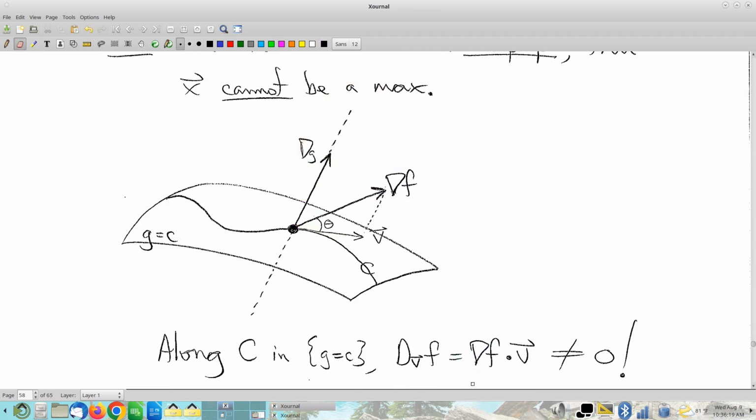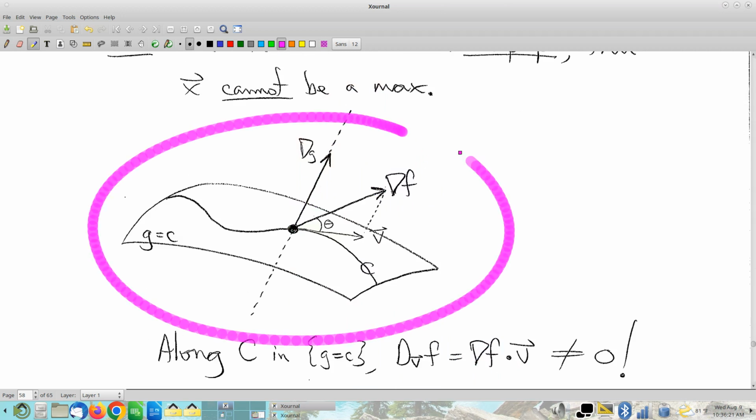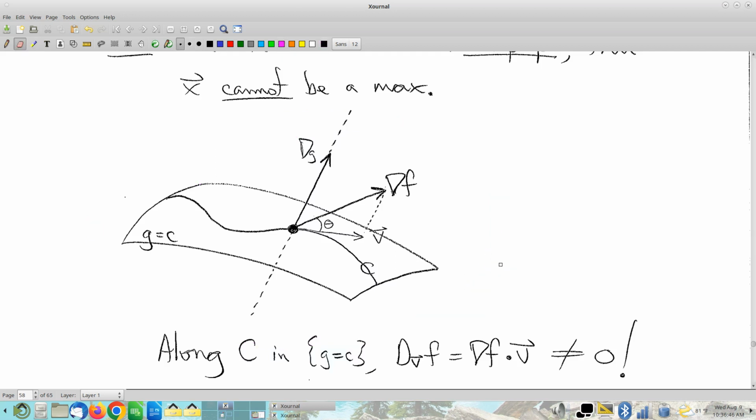I never assumed anywhere in this argument that my surface was actually a boundary of some region. I never assumed that this was a closed surface. So even though we came into this motivated by thinking about boundaries, in fact, we have a method that applies for any set described by an equation. So we ended up inadvertently with more than we had planned.